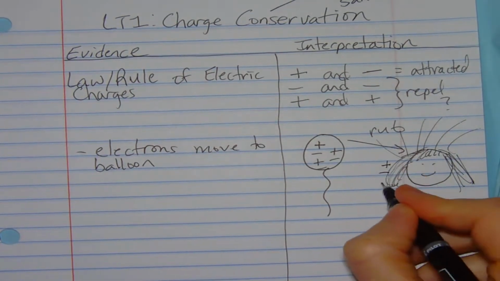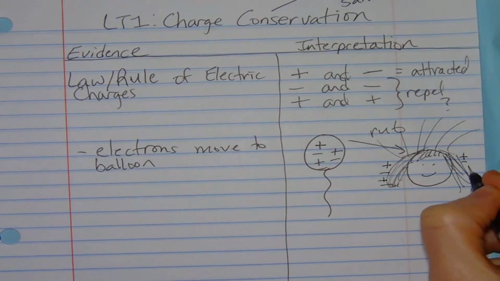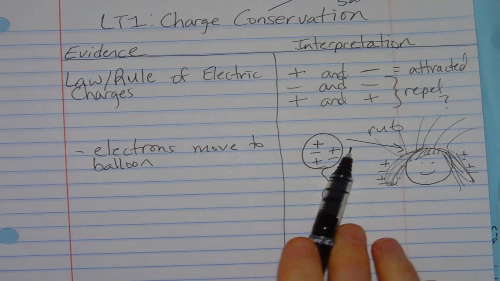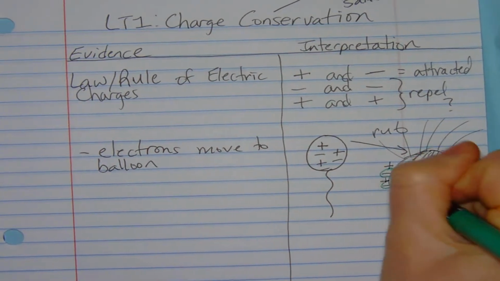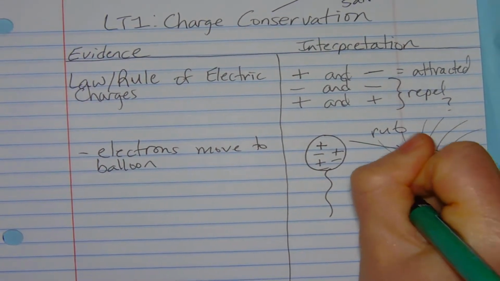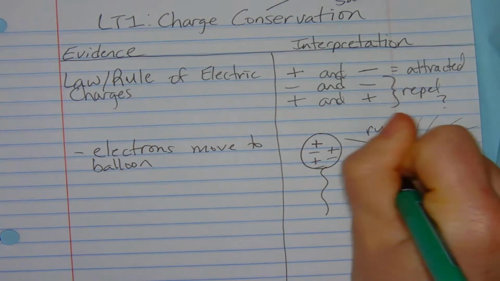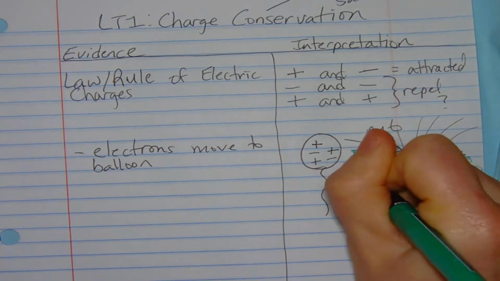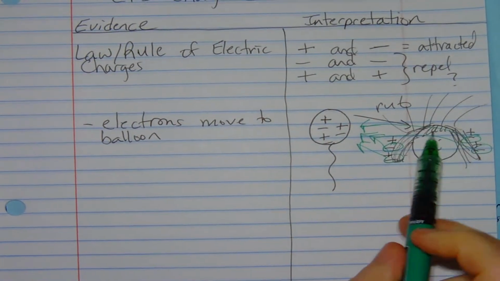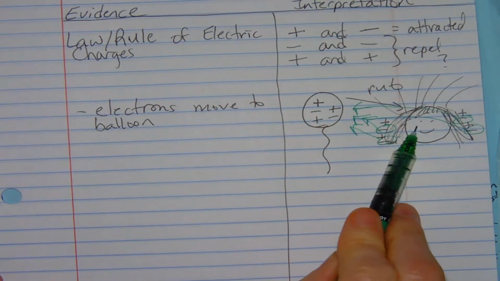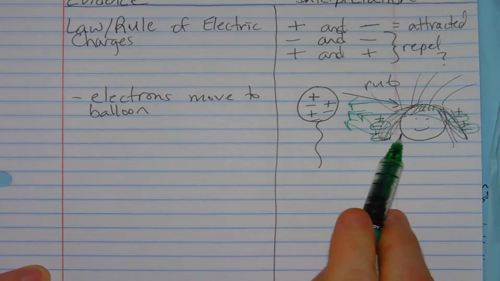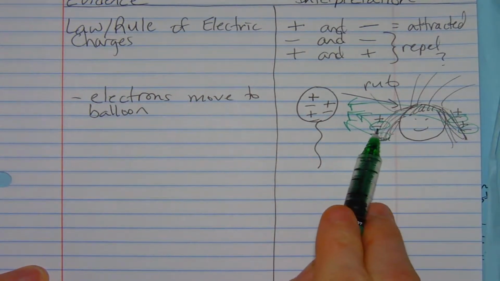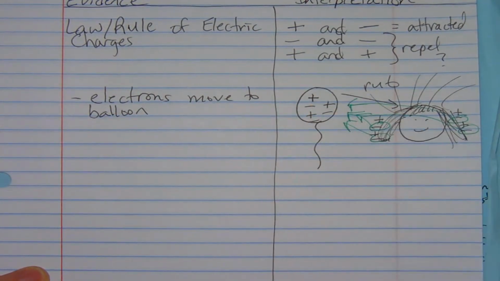For every proton, there's an electron. Your hair is pretty neutral. But if you rub this balloon on it, the electrons from your hair will travel to the balloon. There's something called an electrostatic series that says which way electrons move, whether from the balloon to your hair or your hair to the balloon. Eventually we'll use it, not today. But you just have to trust that these electrons all travel to this balloon.